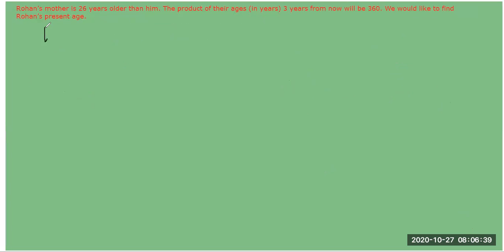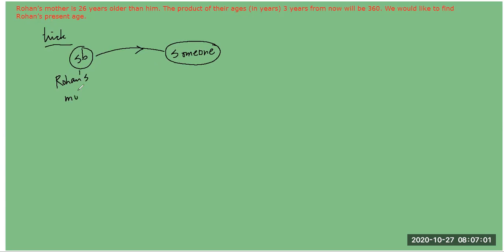Rohan's mother's age is 26 years older than him. Students, I'm giving you a trick here. Whenever there is someone who is being compared, like somebody's age is being compared with reference to this person. Here, Rohan's mother, that somebody is Rohan's mother.